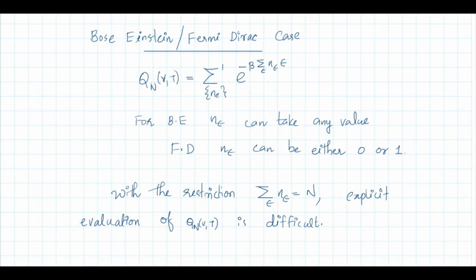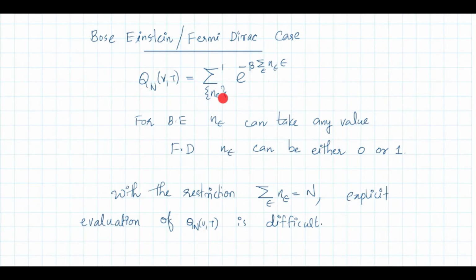In the case of the grand canonical ensemble, the evaluation of the grand partition function will be very easy. So this is one problem where you can see the advantage of the grand canonical ensemble over the canonical ensemble. In the canonical ensemble, the system can share energy with the surroundings, but in the grand canonical ensemble, the system can share both energy and number of particles.